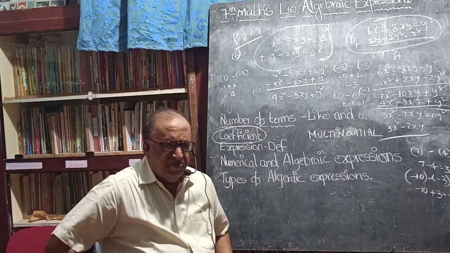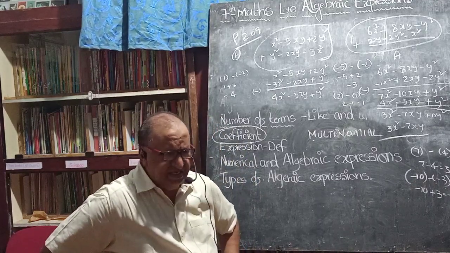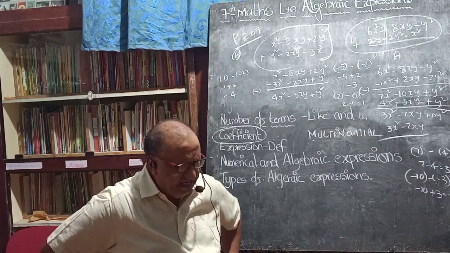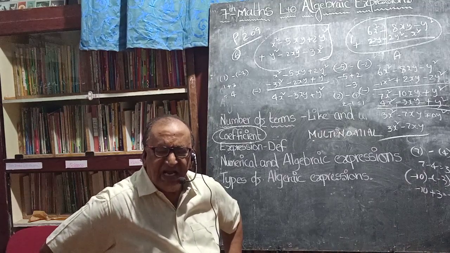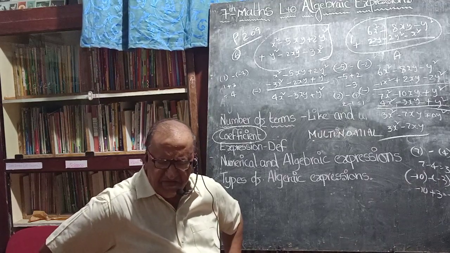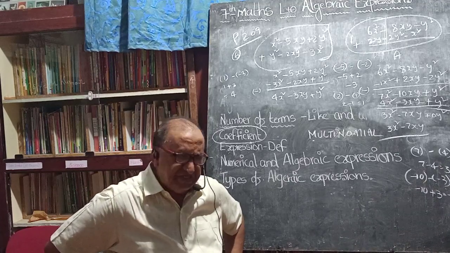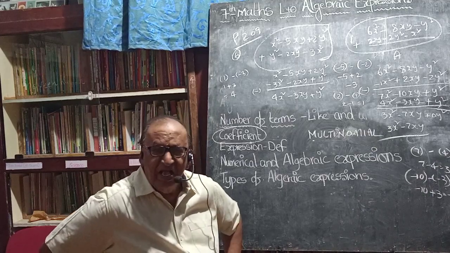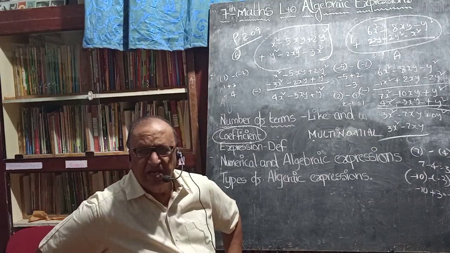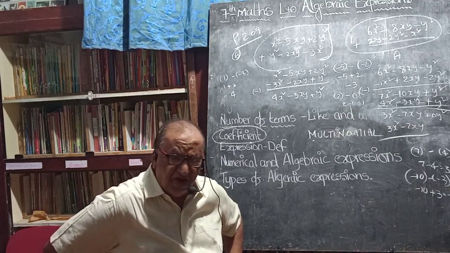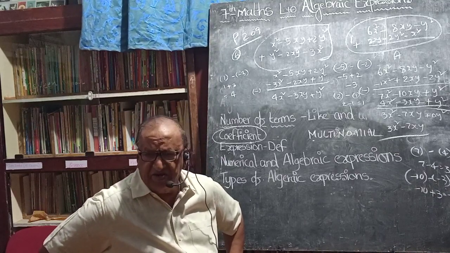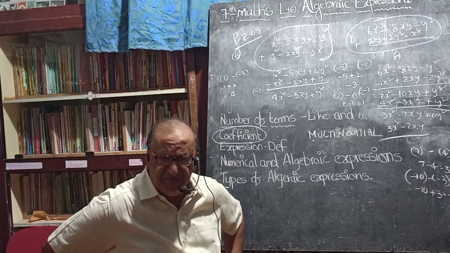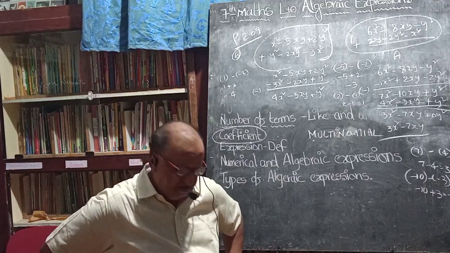I'm going to take one more minute and try to finish this. In algebraic expressions, first I defined what is a constant, what is a variable, what are the fundamental operations like plus, minus, multiplication, division. I explained algebraic term, numerical term, algebraic expression, numerical expression, then like terms and unlike terms. Then how to operate on these, and also that algebraic expressions are classified in 2 ways: one by the number of terms, the other by the order. By number of terms there are monomial, binomial, trinomial and multinomial.